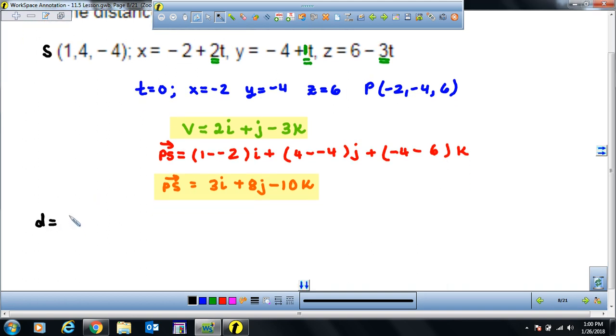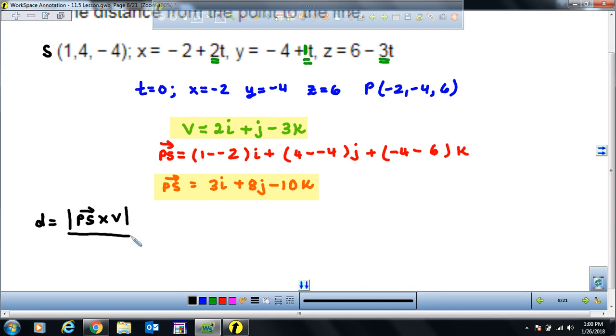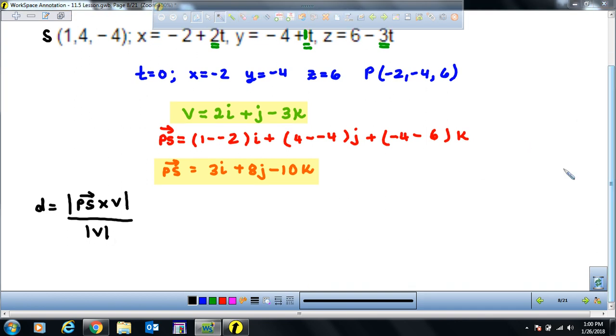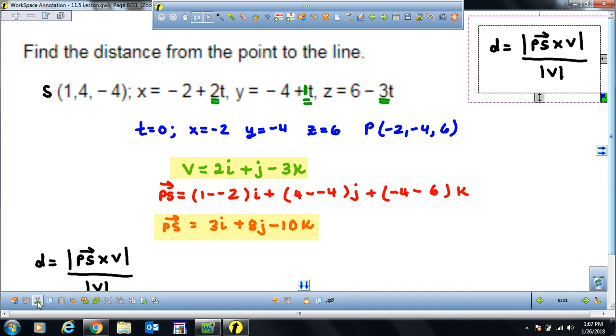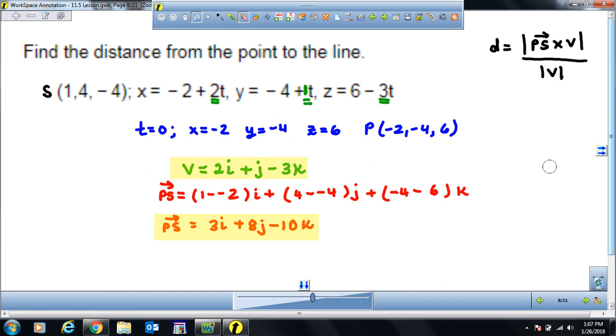What we need to do is it's going to be the magnitude of the vector PS with the cross product of vector V divided by the magnitude of vector V. So first thing we're going to do is find the cross product of PS with vector V, before we can actually use the formula. So I'm going to copy down the formula and put it on the side, since we still need two more things to find. Okay, so that's the formula that we need. And I'm going to erase it from here so we can find the missing information.